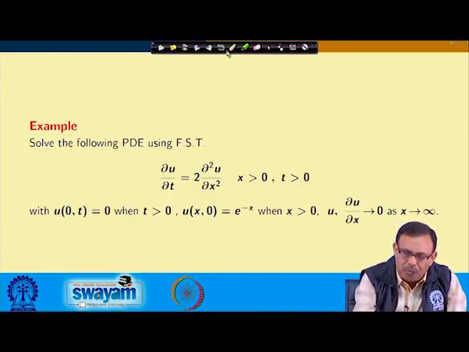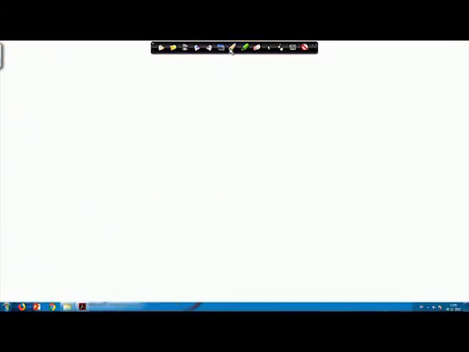So, what we are doing: your equation is given as del u del t, this is a special case, 2 into del 2 u del x square. Now, you apply Fourier sine transform with respect to x.